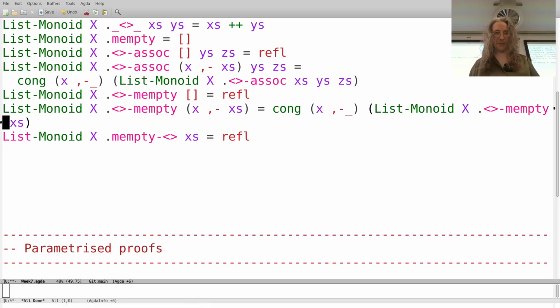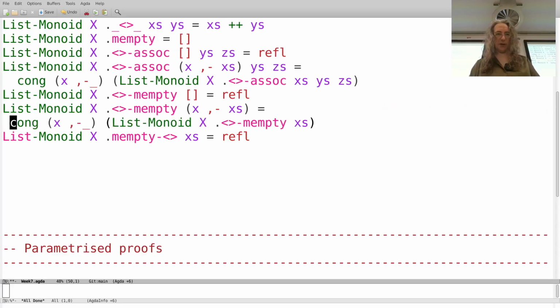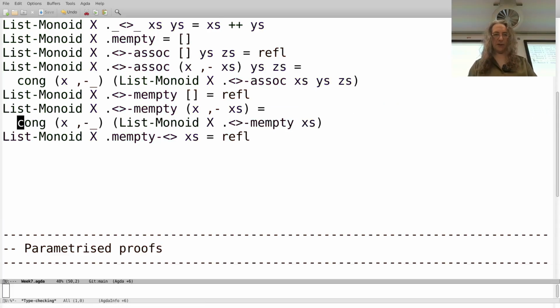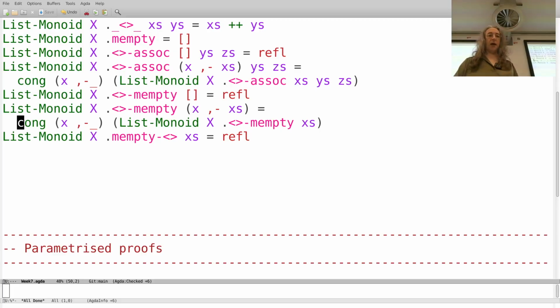Right. So we've managed to show that lists are a monoid. It's like putting things next to each other. It's clearly associative. And you can also see that if there are any interesting elements, right?